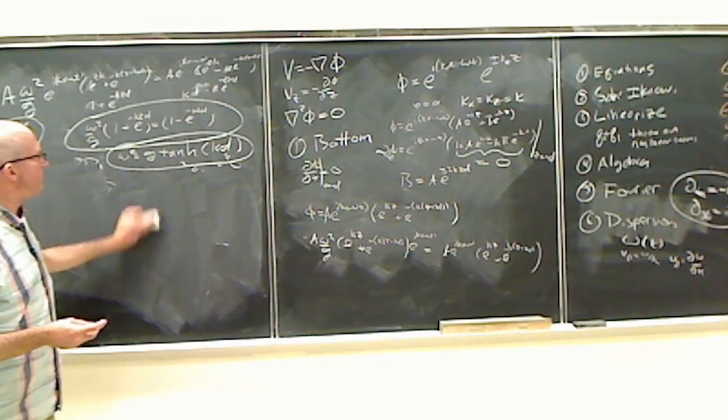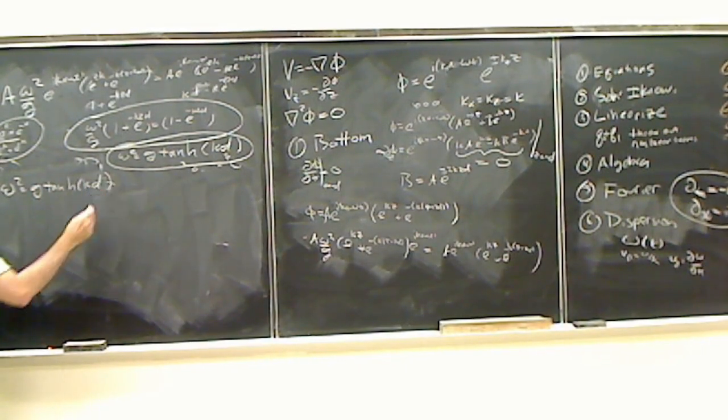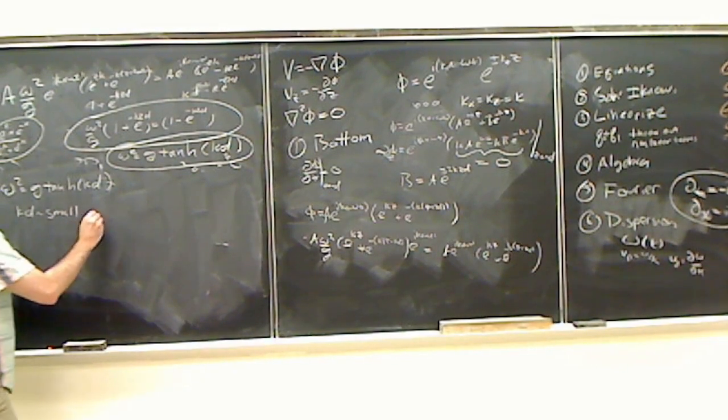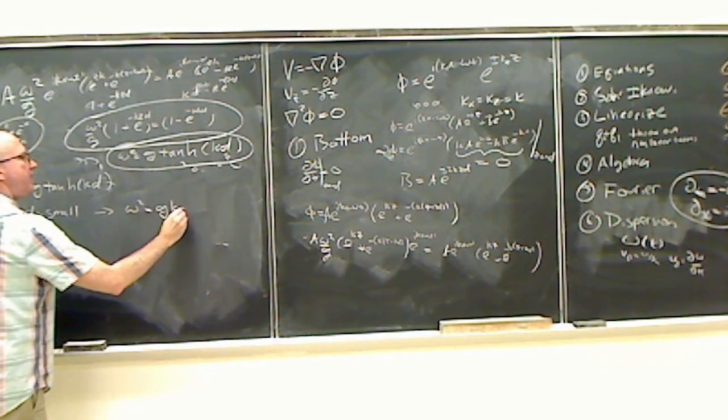So what are the limits of this? I've got omega squared equals g tanh of k times d. So if k times d is small, then this becomes omega squared equals gkd.